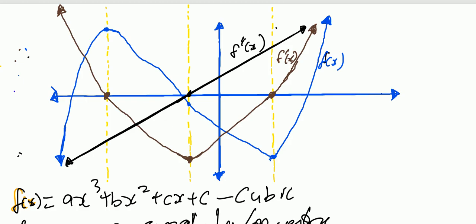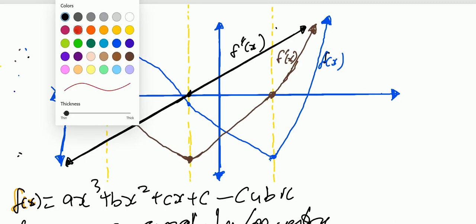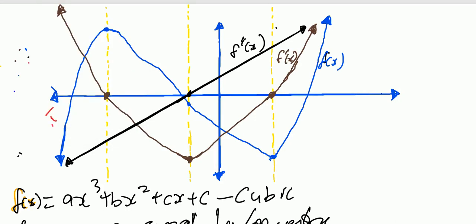So now let's look at f prime x and f of x, the relationships. First thing that we see, let me use a different color. You can see that your f of x here is increasing up to here. Remember, when I'm talking now, just look at the yellow dotted lines. Then here it is decreasing.